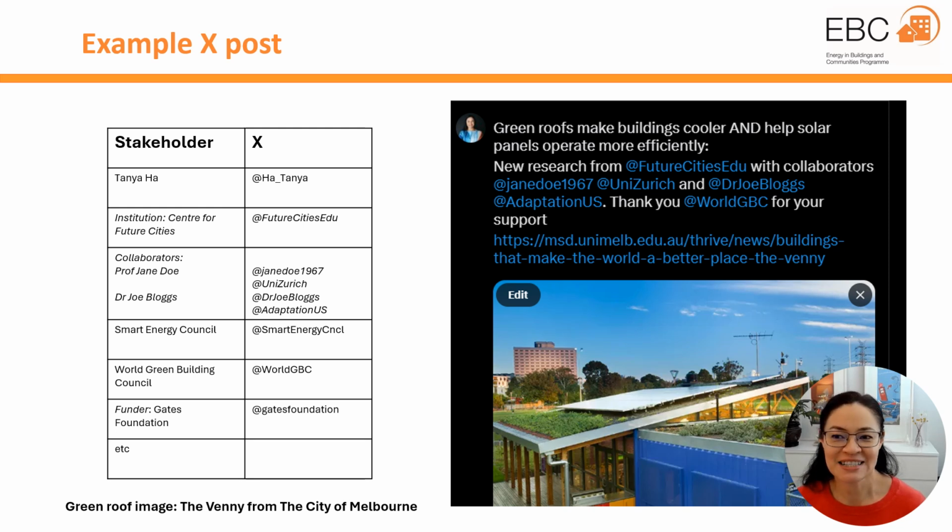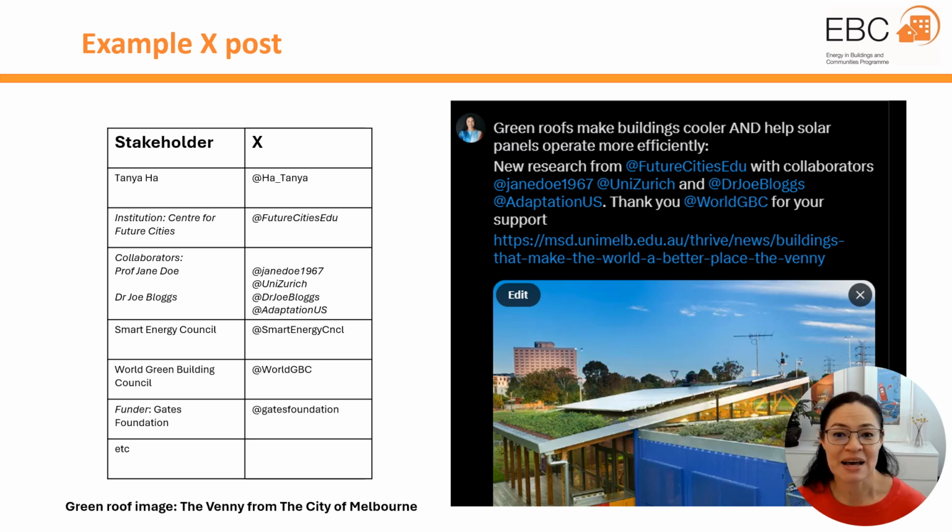The post text itself should get straight to the key finding of the research. I would write something like, green roofs make buildings cooler and help solar panels operate more efficiently. Short and to the point. And then I would include a link to that research.